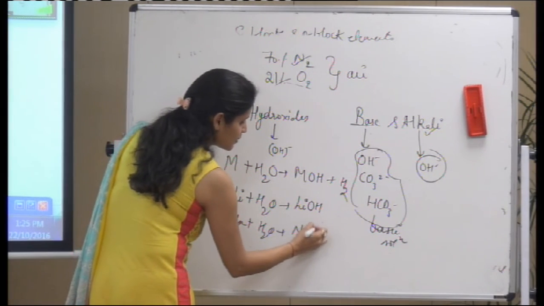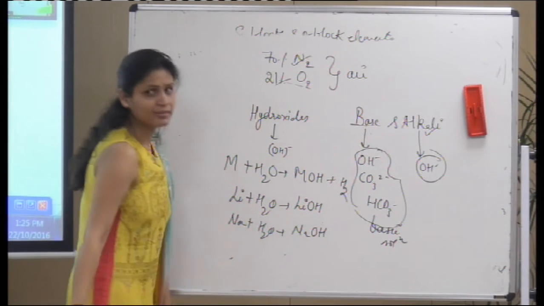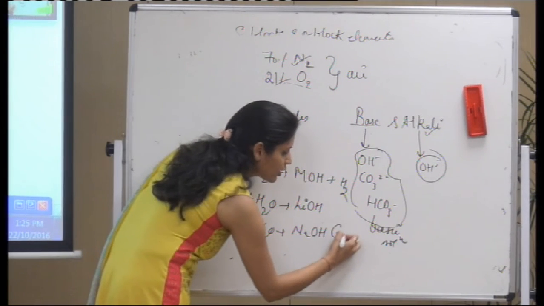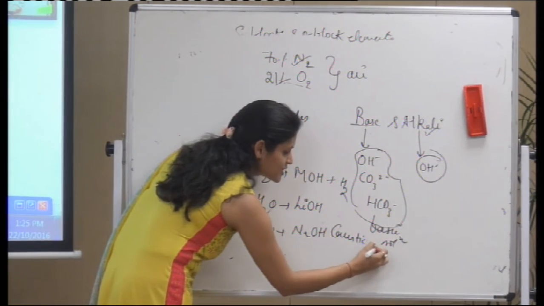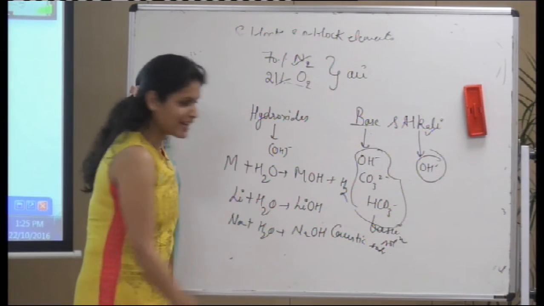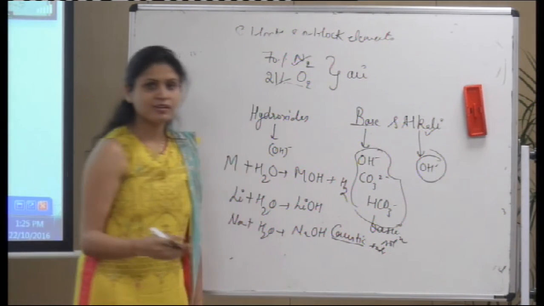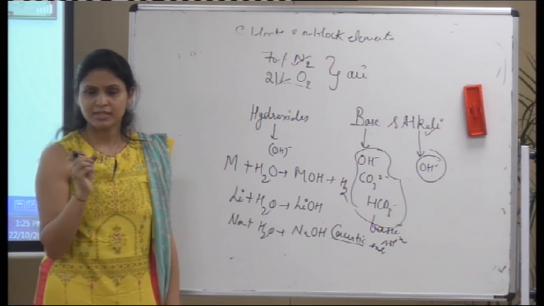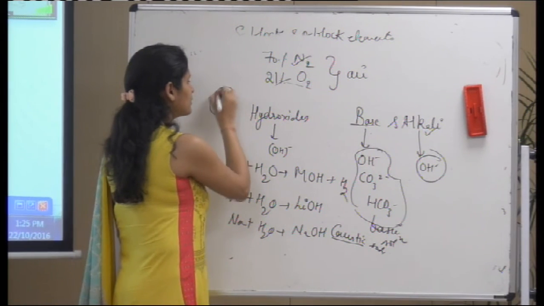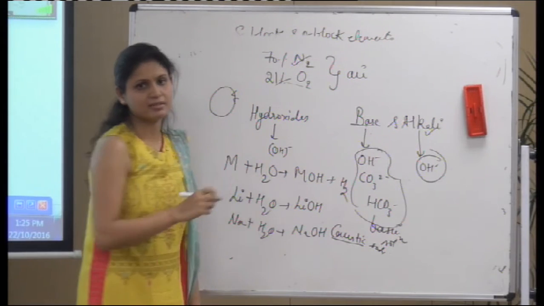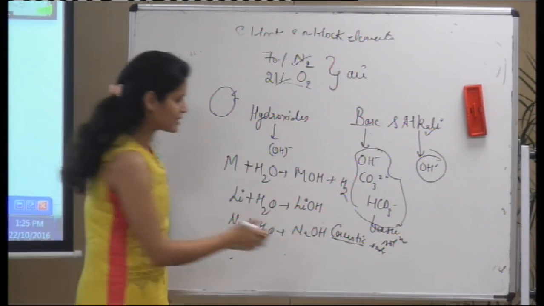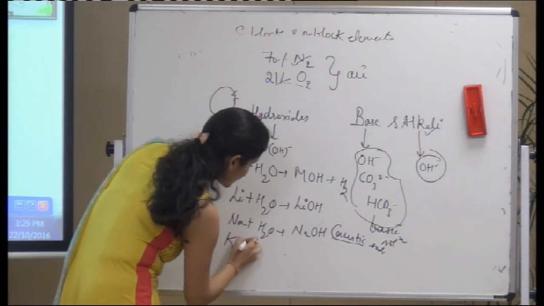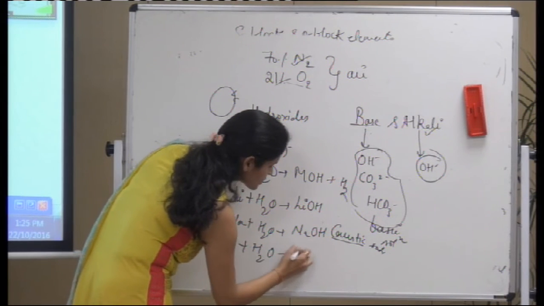What is the other name of sodium hydroxide? Caustic soda. Soda is derived from sodium, and caustic means it destroys anything which it touches. It has very destroying properties. Potassium plus water gives KOH.